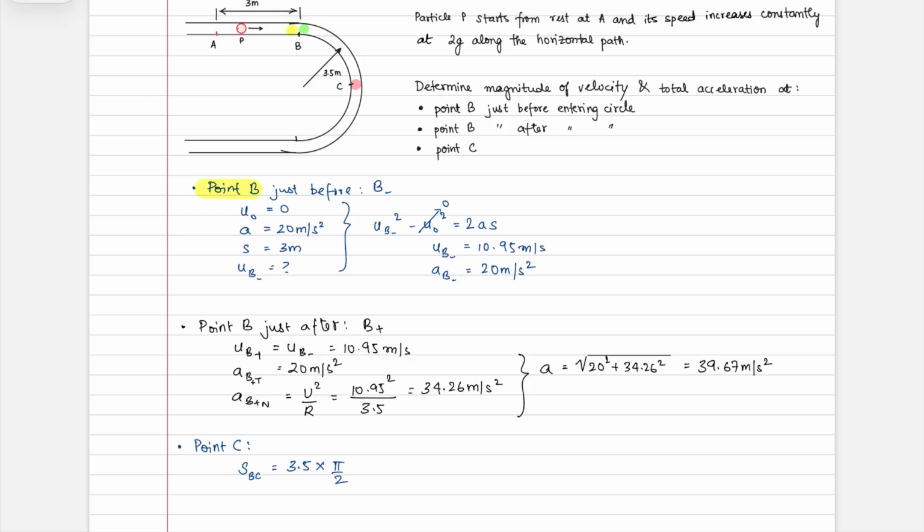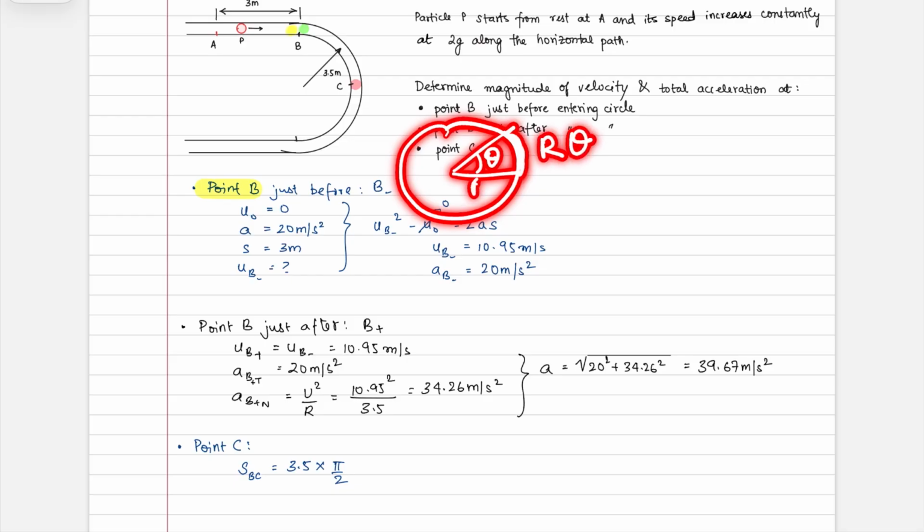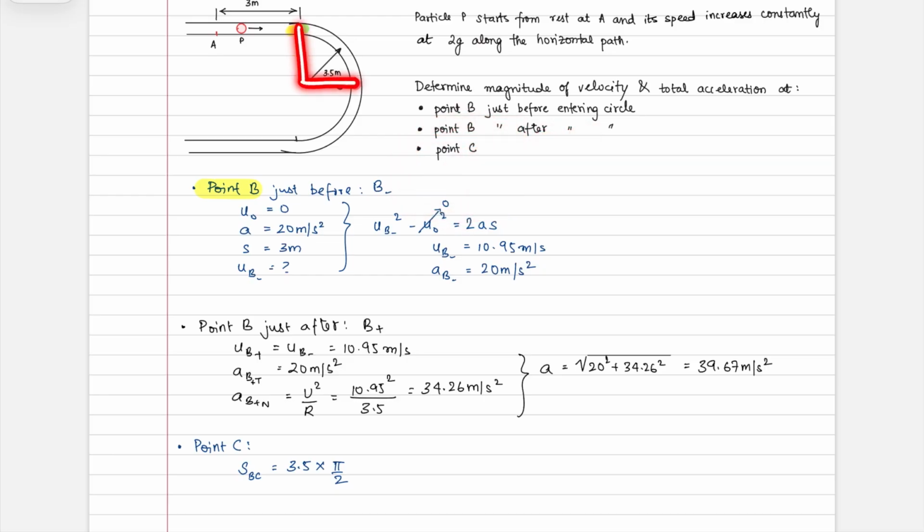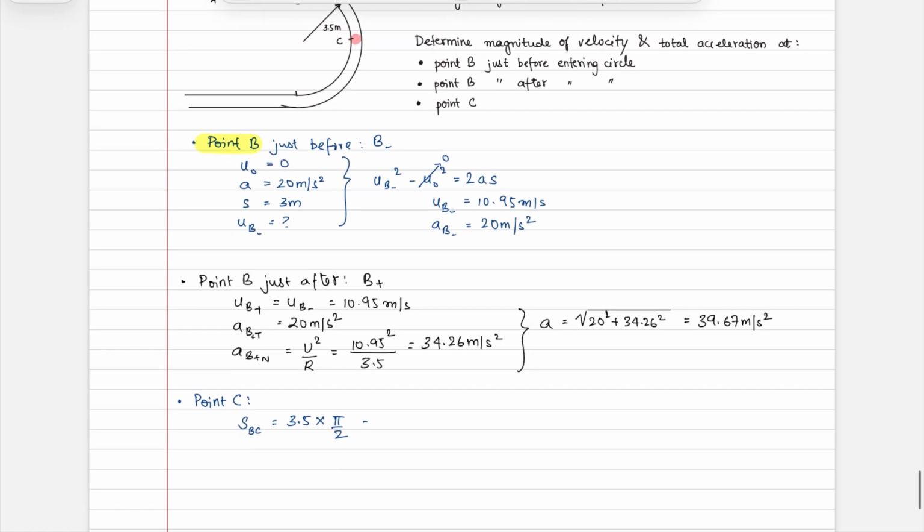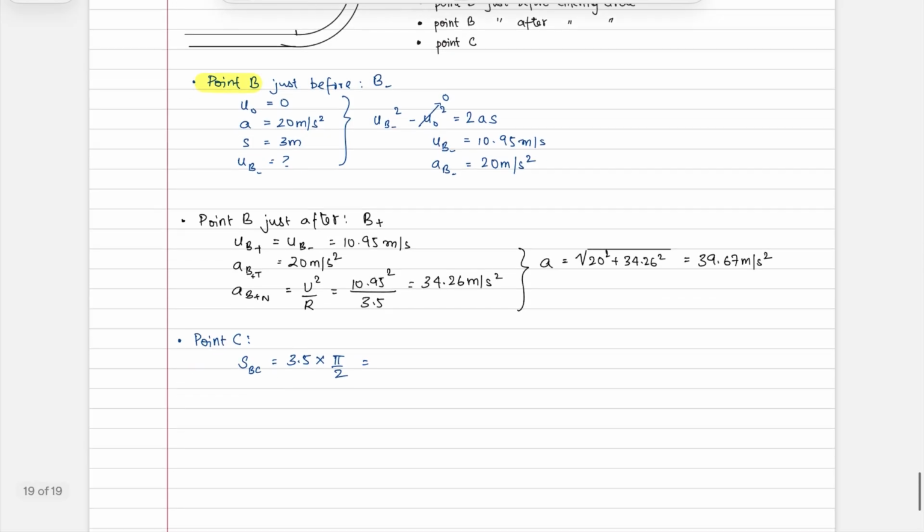Why is that? If this here was a circle and you had an angle of theta, then this arc length would be r theta for a circle of radius r. In this case, the theta is 90 degrees, which is pi by 2 radians, and the radius is 3.5, which is why you get this as a distance to be covered, which is, well, I guess I'm going to just leave it as this in meters.